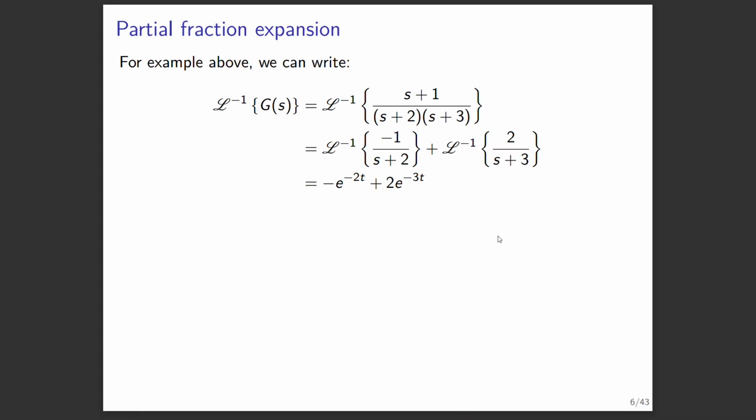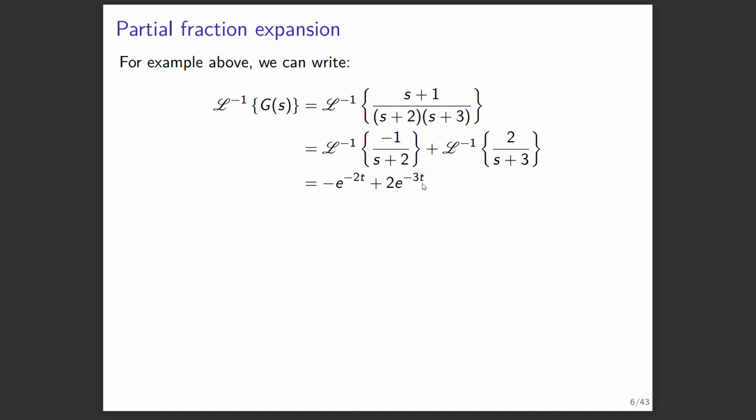So let's see this example. We want to take the inverse Laplace transform of (s+1) divided by (s+2)(s+3). If I know that I can break (s+1) divided by (s+2)(s+3) into these two pieces, negative 1 divided by (s+2), and 2 divided by (s+3), then from the table I know that the inverse Laplace transform of the first term is negative e to the negative 2t, and for the second term is 2e to the negative 3t.